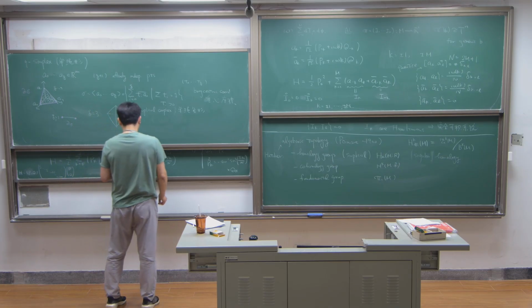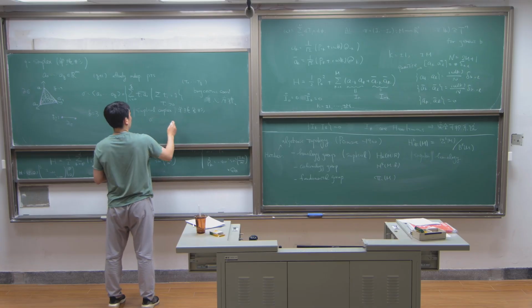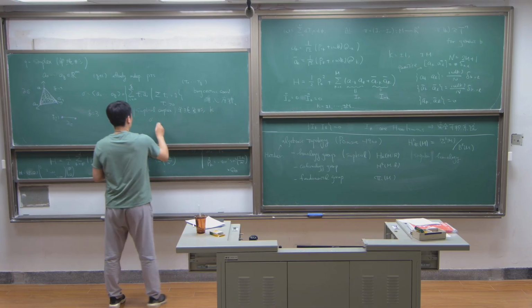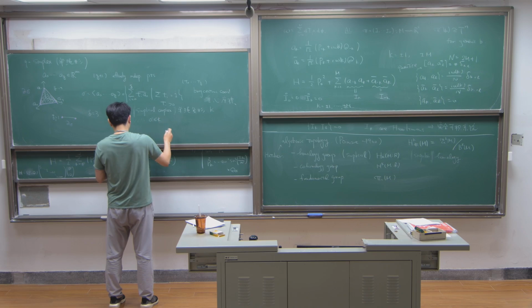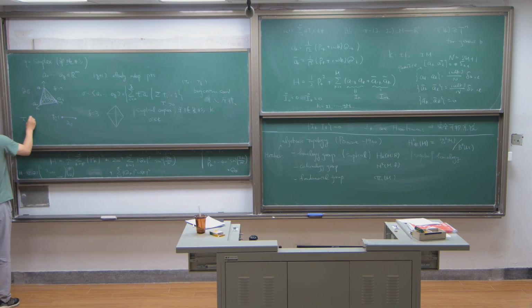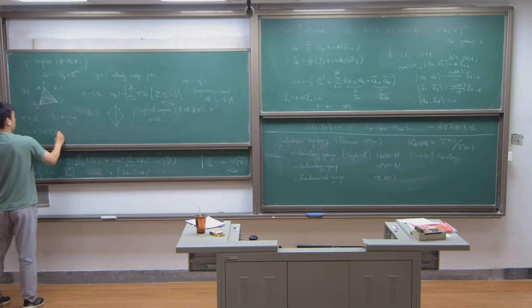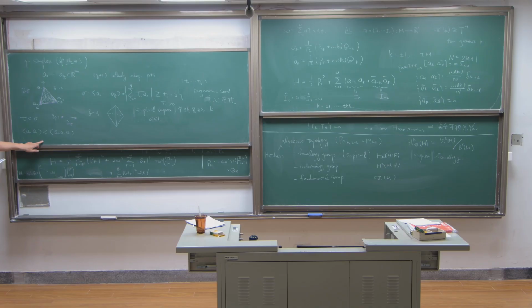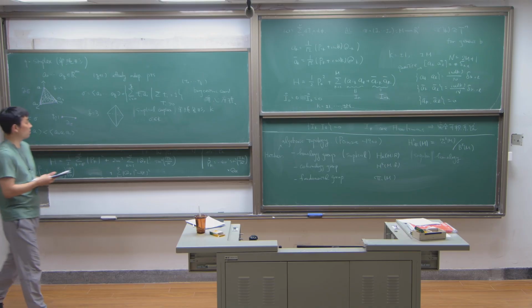If sigma is in K, then its faces tau, tau contained in sigma, are also in K. For instance, A0A1 is inside A0A1A2; we use this notation to show that these are contained in the faces of this simplex.